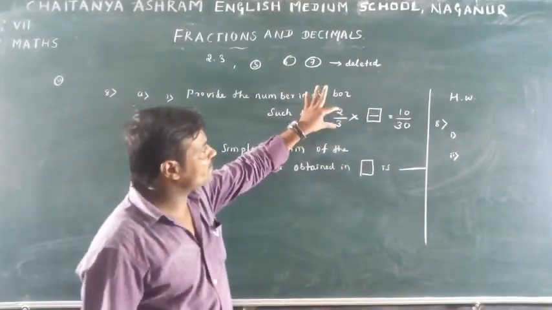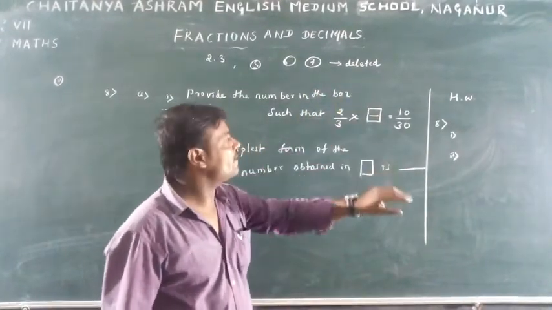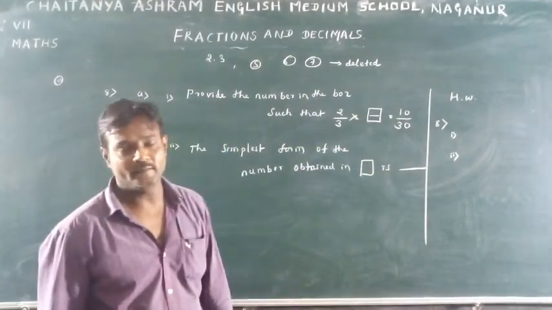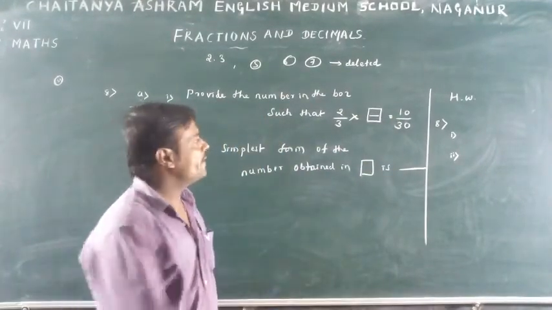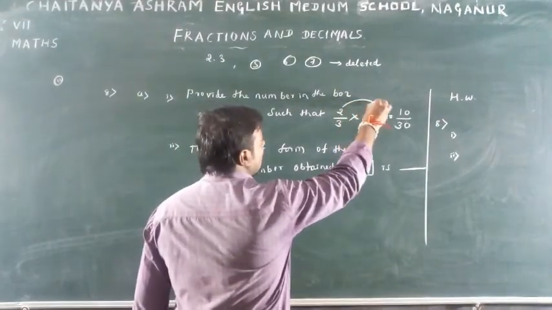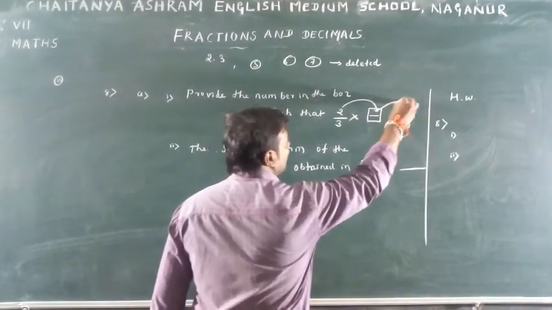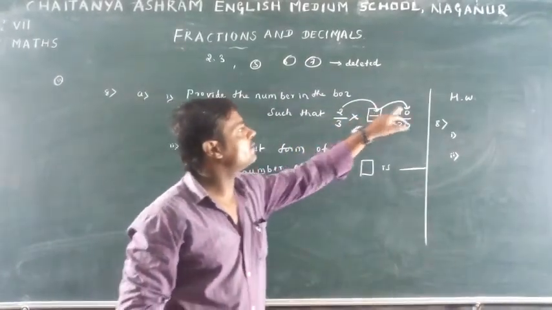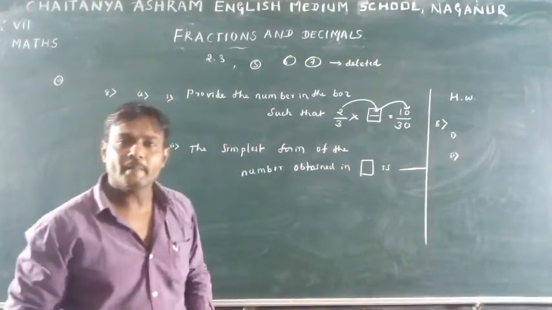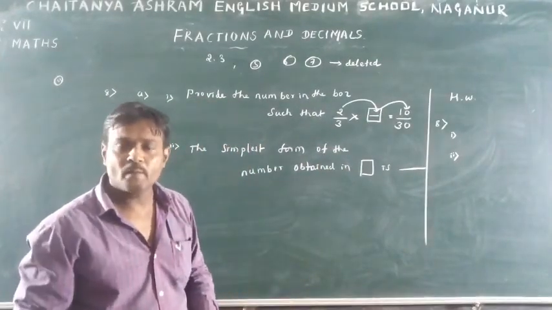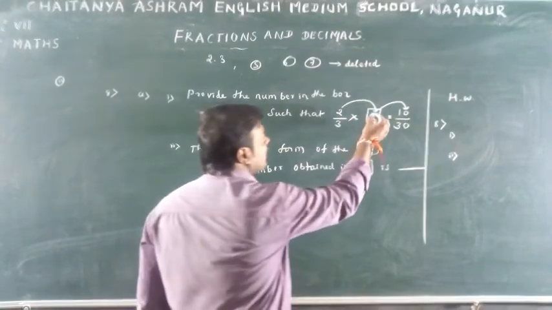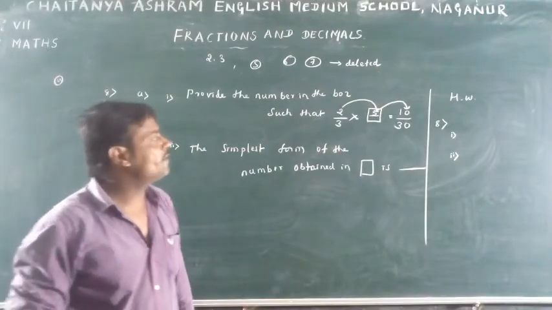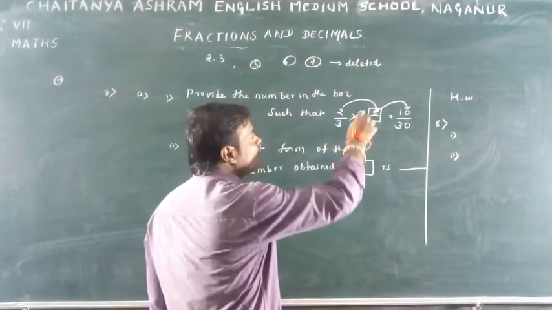You multiply this fraction by a fraction such that the product of these two fractions is equal to 10 by 30. How will we do this? 2 into how much is 10? Obviously 2 is multiplied by 5. The product is 10. So what should we write on the numerator? 5. Clear? Then multiply the denominator, recall that.